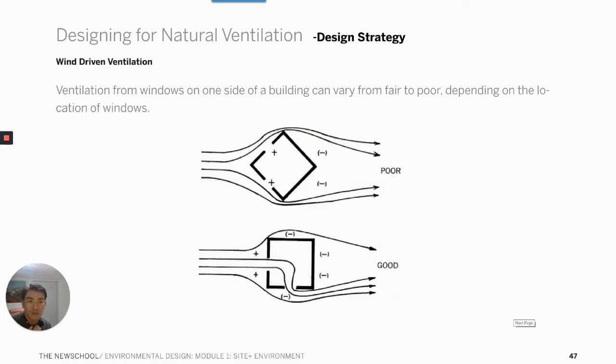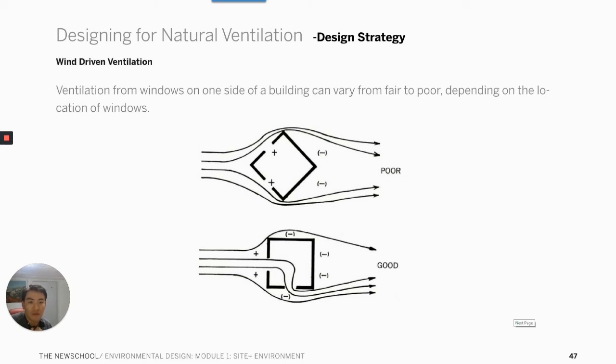The ventilation from wind coming from a diagonal direction can vary based on the location and size of the window. For the upper example, notice that the two windows are located on different sides of the building, but also notice that they have the identical wind pressure coefficient. If the two windows are identical in terms of wind pressure coefficient, the cross ventilation will not happen.